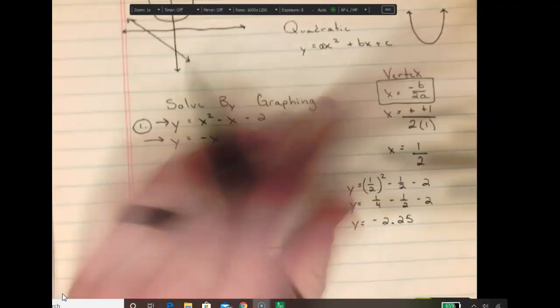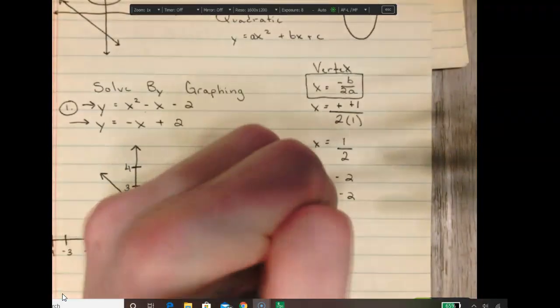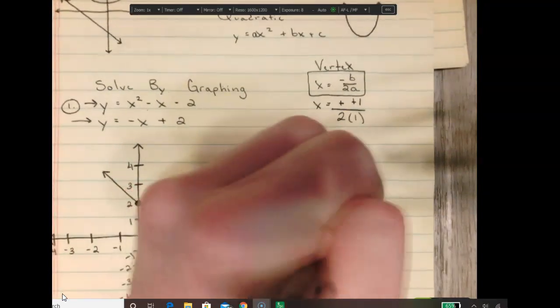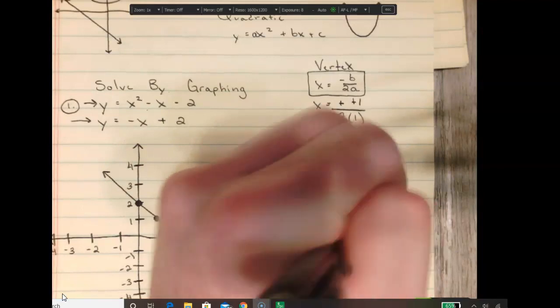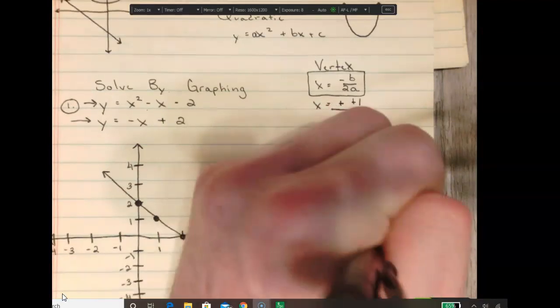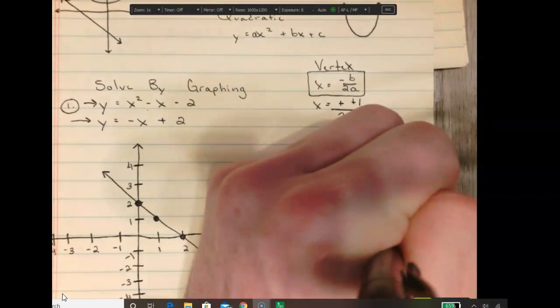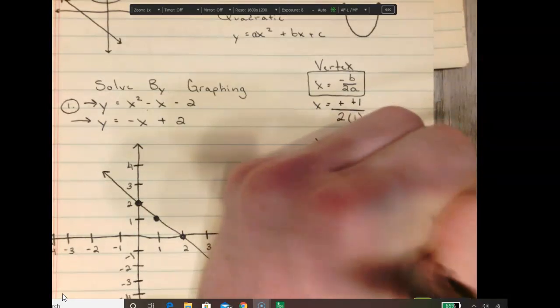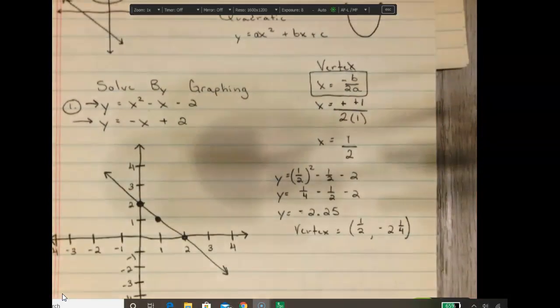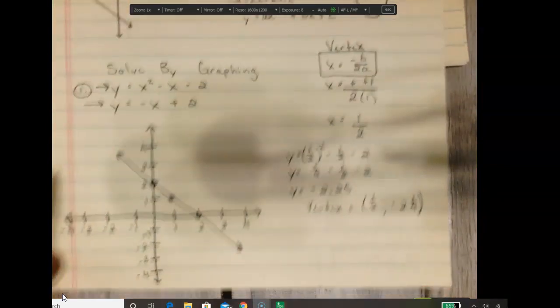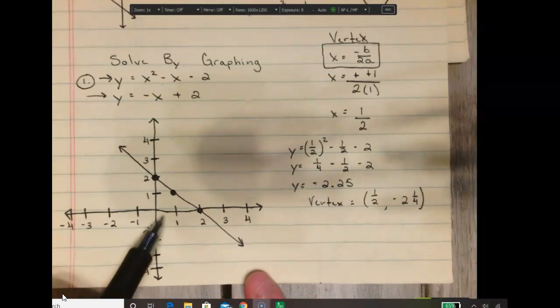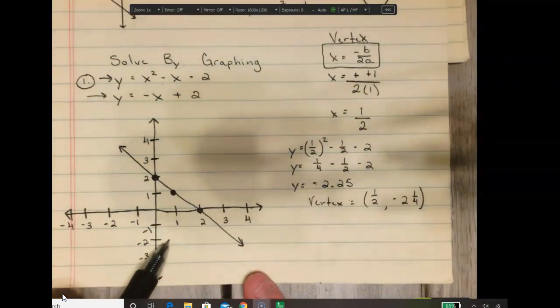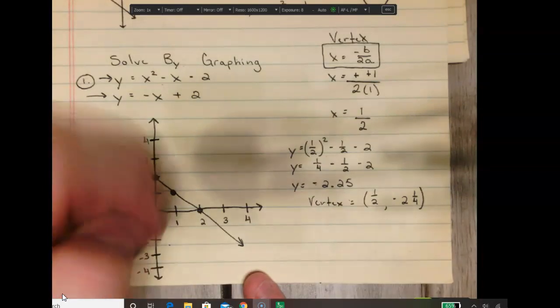So my vertex is equal to the ordered pair 1/2 and negative 2.25. So I'm going to go over to my XY coordinate plane and I'm going to graph that vertex. So half and then negative 2.25.